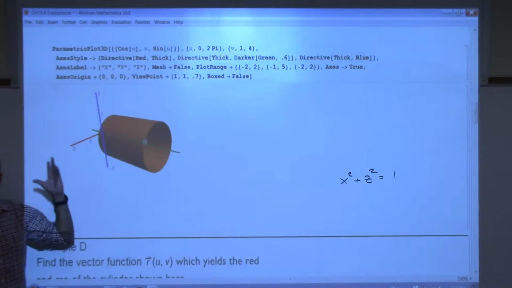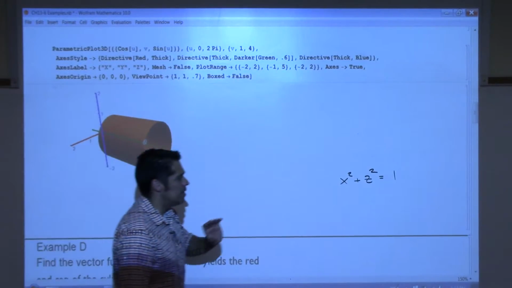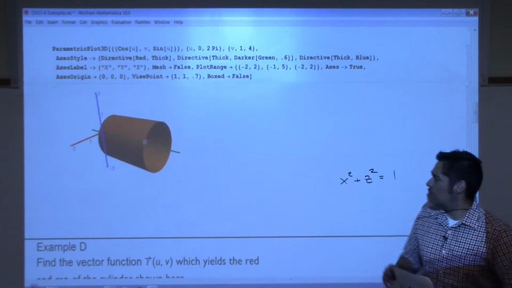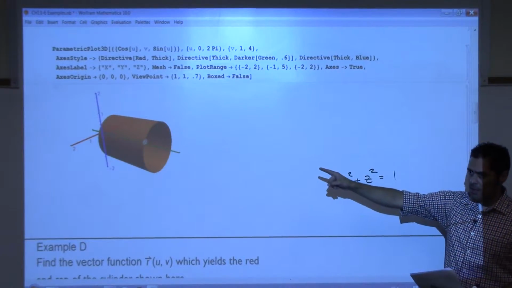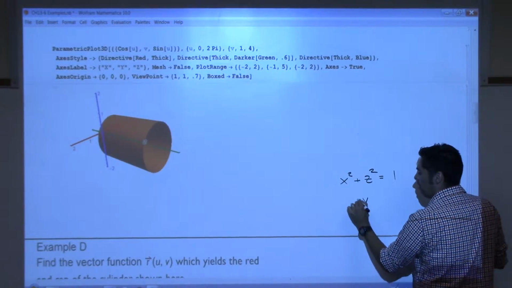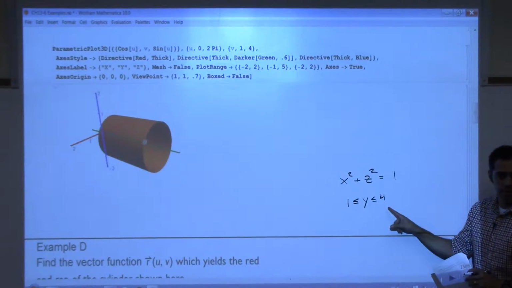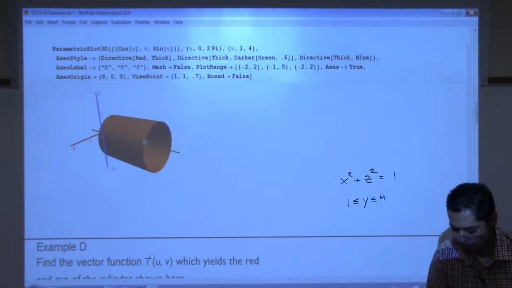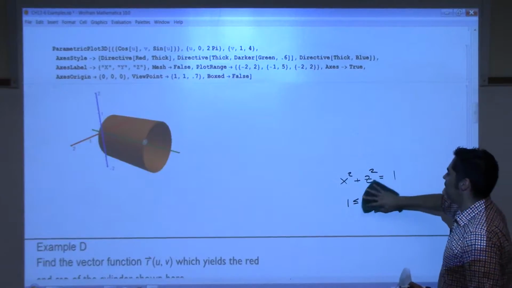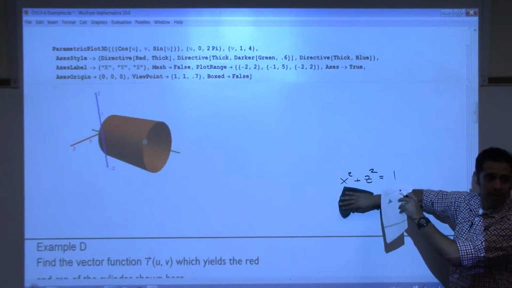That goes forever in each direction, right? And there's no easy way to control it unless you explicitly say y is between 1 and 4. Then they would draw the same thing, wouldn't they? I just want you to understand that this equation is not the same as what we just came up with. This is actually more than what we wanted.